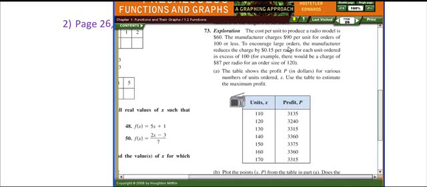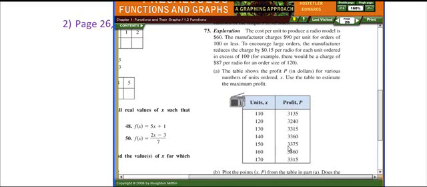To encourage large orders, the manufacturer reduces the charge by 15 cents per radio for each unit ordered in excess of 100. For example, there would be a charge of $87 for an order size of 120. The table below shows the profit P in dollars for various numbers of units ordered. Use a table to estimate the maximum profit.